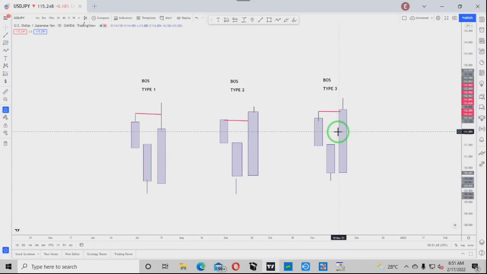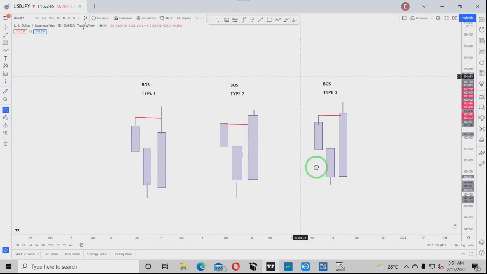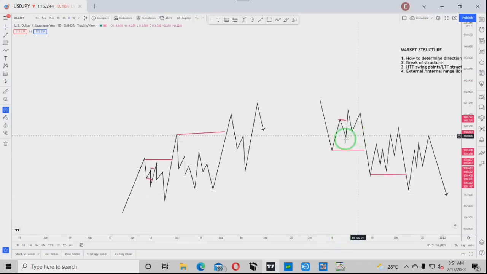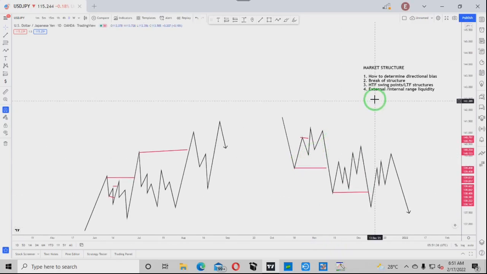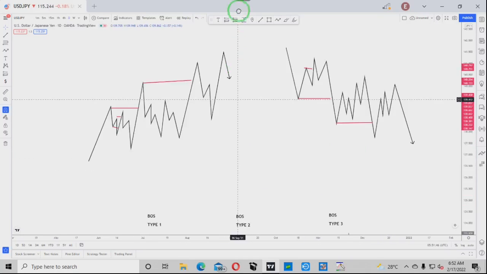So that is about break of structure. The next point that we want to consider is higher time frame swing points and lower time frame structures.